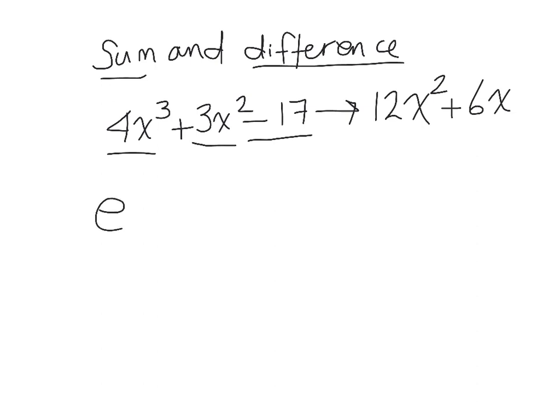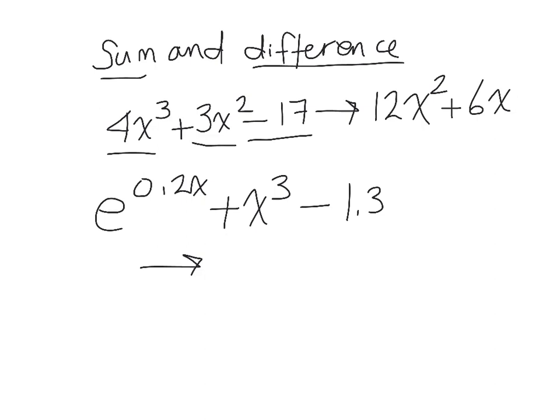Let's just try another one here. So what if we had a combination? We have an exponential term, we have a power term, and we have a constant. Highly unlikely you're going to see these in combination, so this is more of an example than anything. But again, you identify each term and apply the derivative rule that applies.